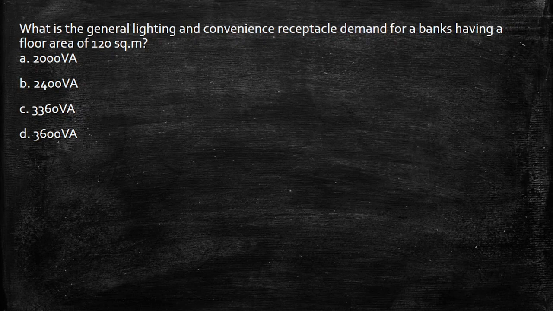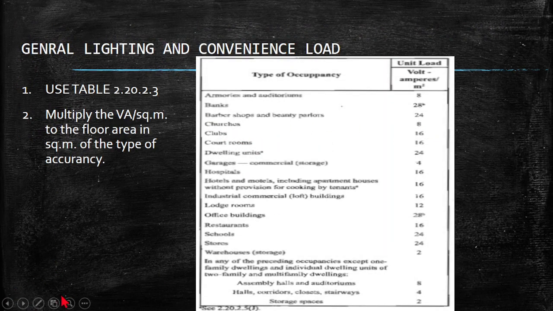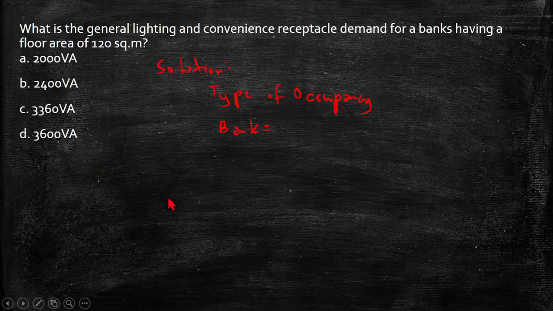So dito, ang ating type of occupancy, so the type of occupancy is bank, no? Bank. Yan. So yung bank, so going from this table, so the bank is 28 volt ampere per square meter.